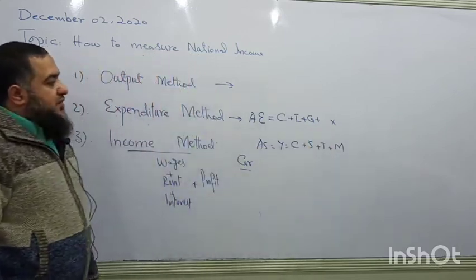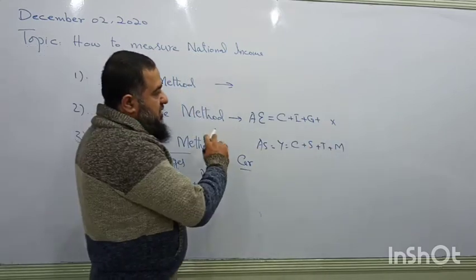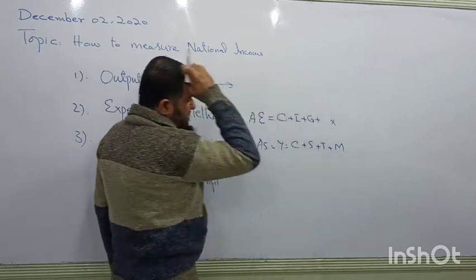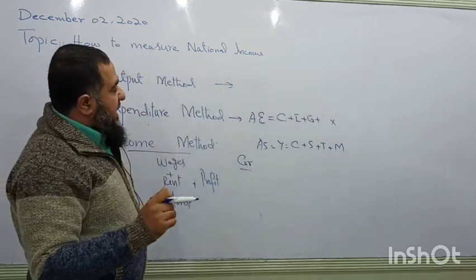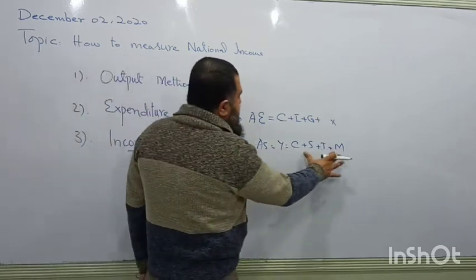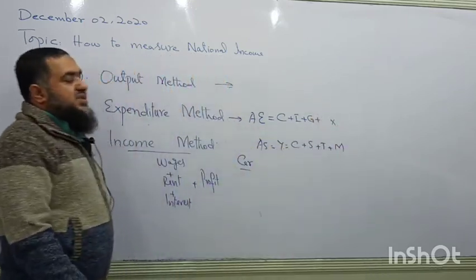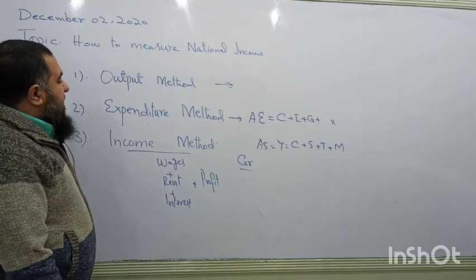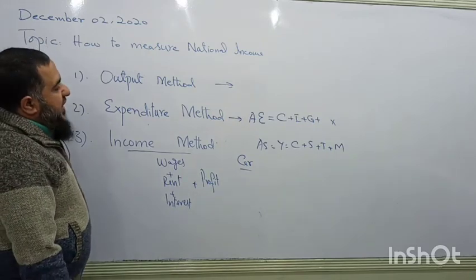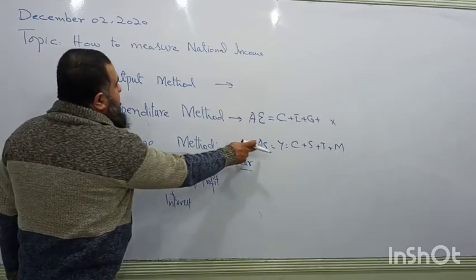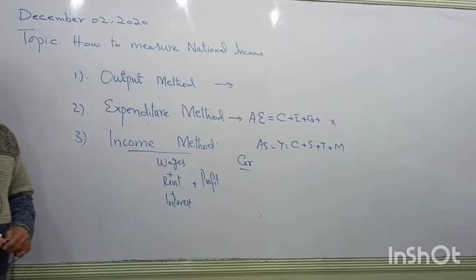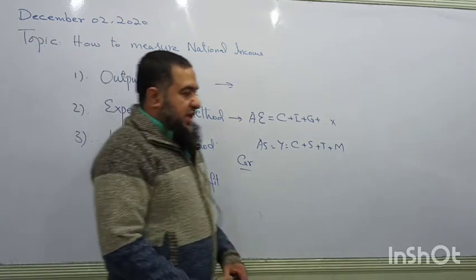If we want to measure national income by expenditure method, add these variables, or if you want to measure national income by income method, add these variables, then all will be balanced out. Then all income will be equal to expenditure, and this expenditure is made on this output which is called aggregate supply. Okay, so national income is measured in this way in a given year.